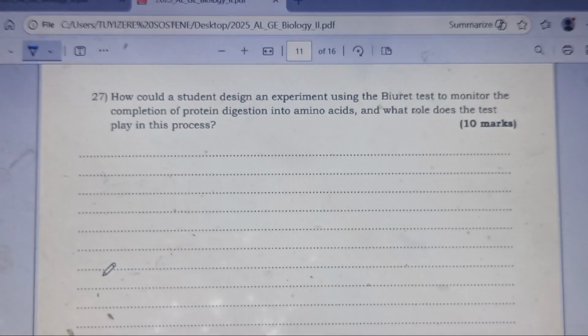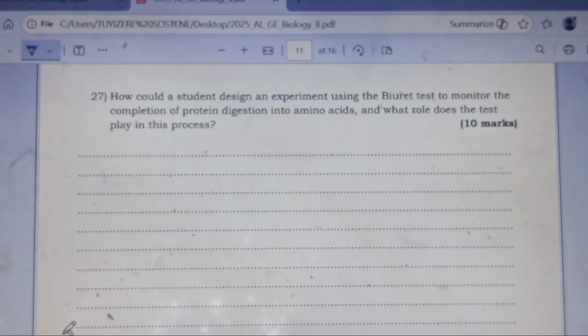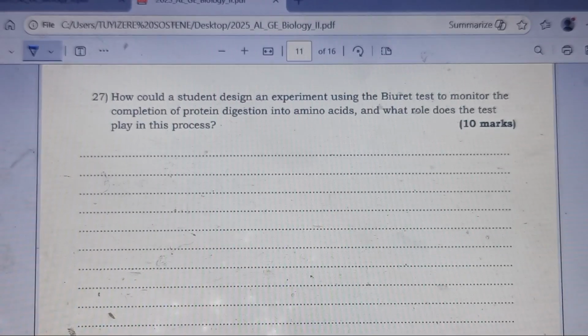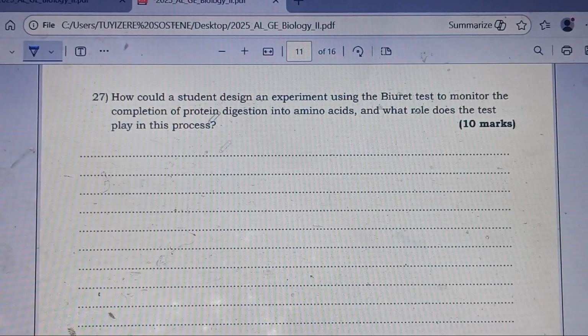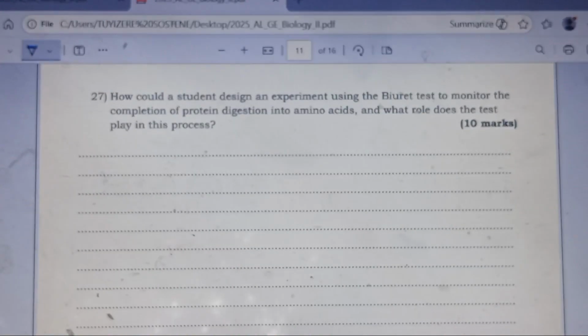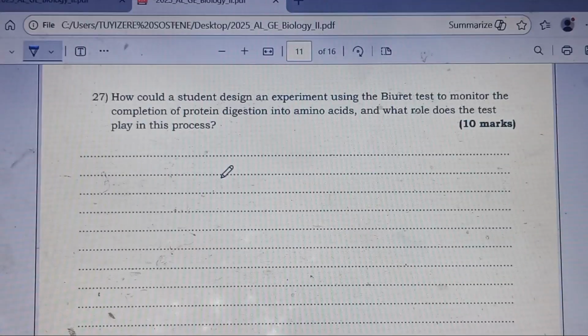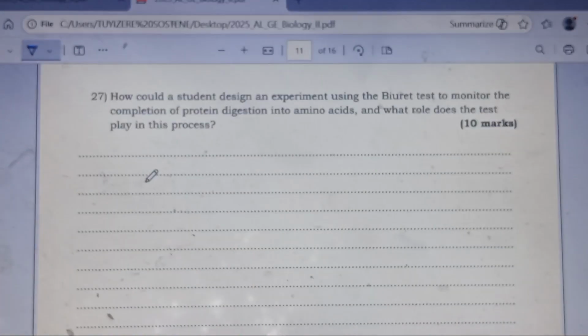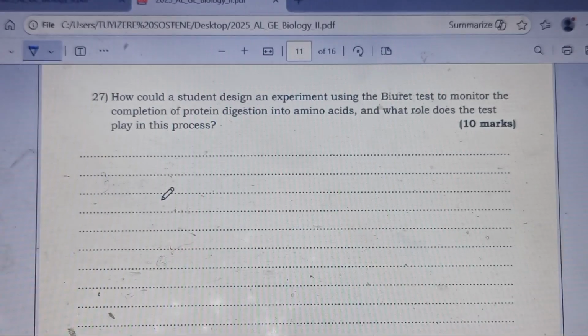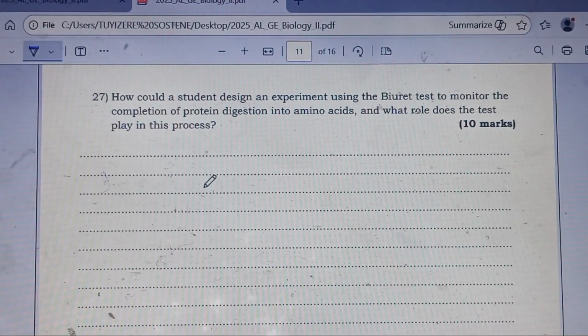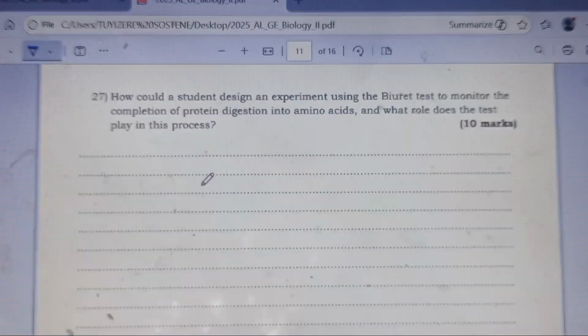When you use biuret, you start with the procedure described. You take a sample of food which contains protein, then add 2 milliliters of sodium hydroxide and shake. After that, add 2 drops of copper sulfate.